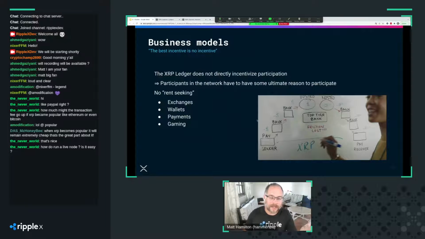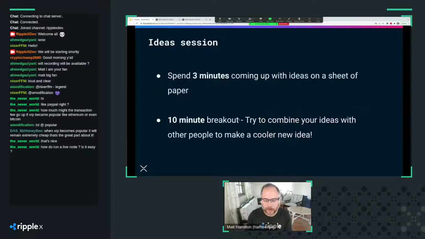Miners want to have a high fee, users want to have a low fee. You've got a conflict of interest there. Whereas with the XRP Ledger, that conflict of interest doesn't exist. So the main people that are involved in the XRP Ledger do so because they genuinely have an interest in the XRP Ledger running.